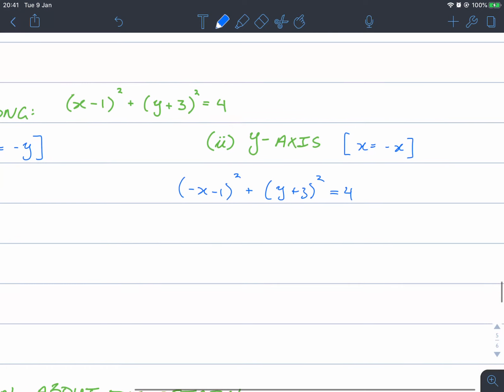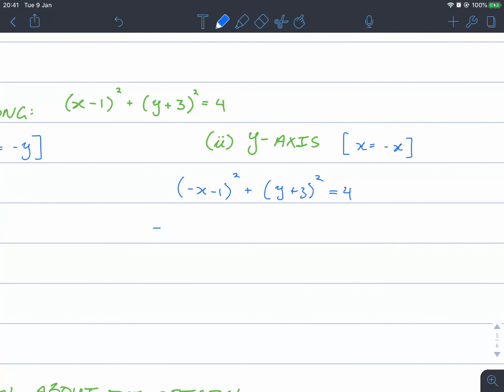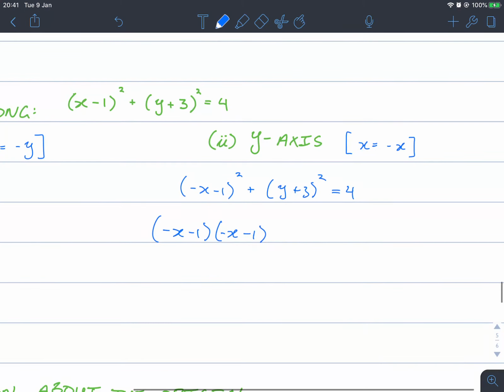Factoring out the negative here, we think of this as x minus 1. If we factor out a negative from the first bracket, we get negative x plus 1. The next one we get also times negative x plus 1, plus this expression y plus 3 all squared equals 4.